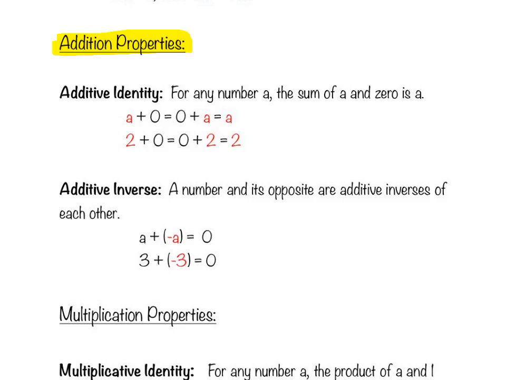A number and its opposite are additive inverses of each other, and their sum is equal to 0. So if we have a plus negative a, it equals 0. 3 plus negative 3 is equal to 0. Whenever you add opposites, your sum is 0.